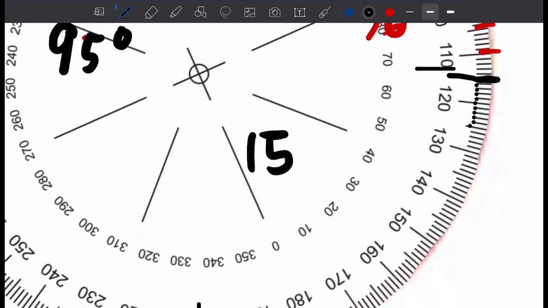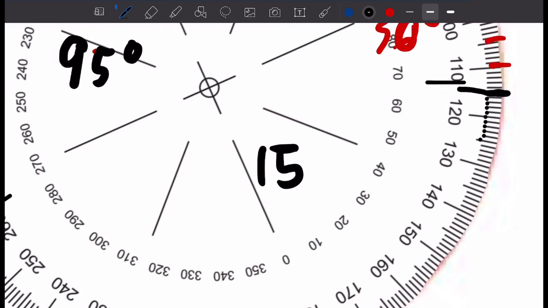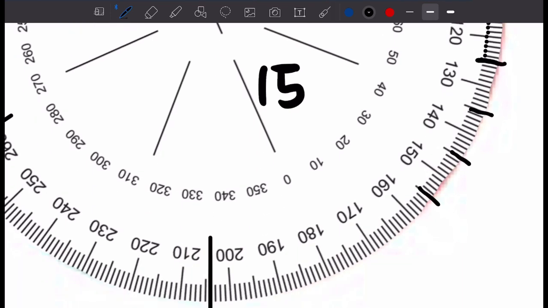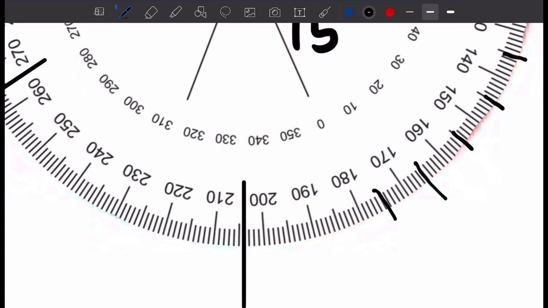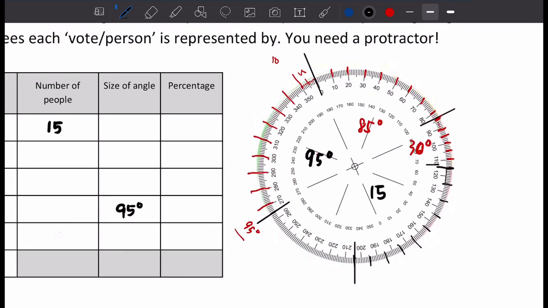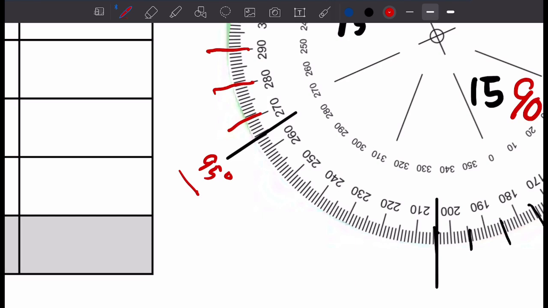Since our starting point is a short line, all the short lines are now 10, 20, 30, 40, 50, 60, 70, 80, 90. So that means this is 90 degrees. And from here, if that's 90, this would be 10, 20, 30, 40, 50, 60.